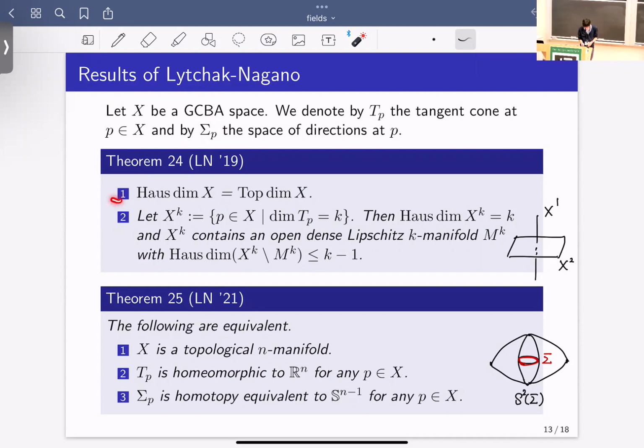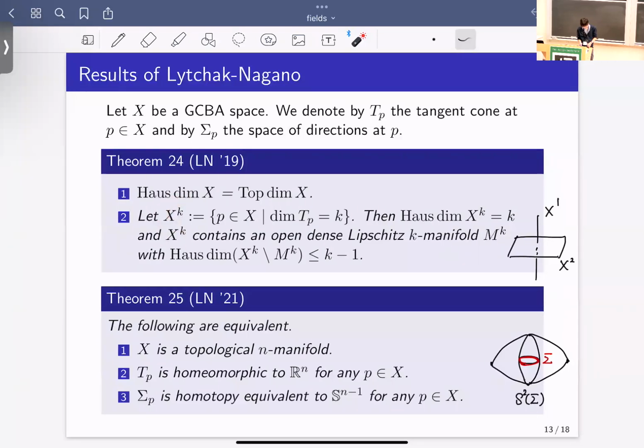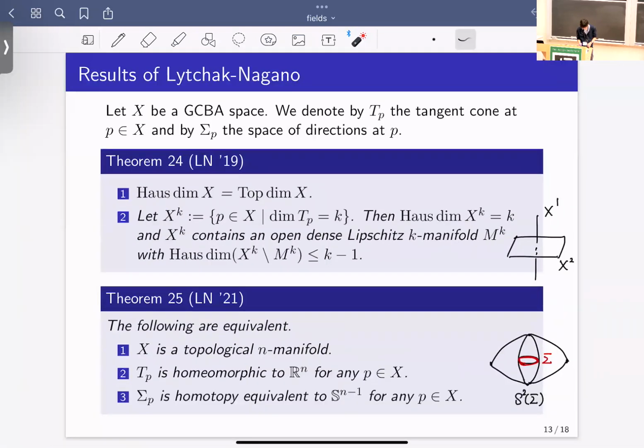First, they proved that the Hausdorff dimension of X is equal to the topological dimension of X. So the dimension is well defined, and we can define Xk as the set of points whose tangent cone has dimension k. As I said, the tangent cone is a GCBA space, so the dimension is well defined.